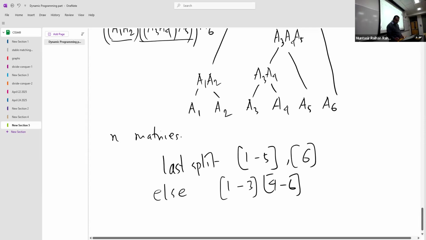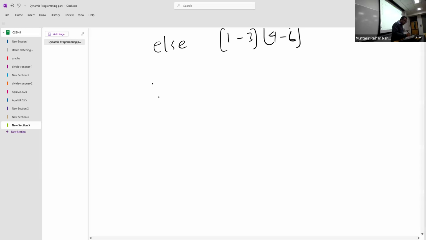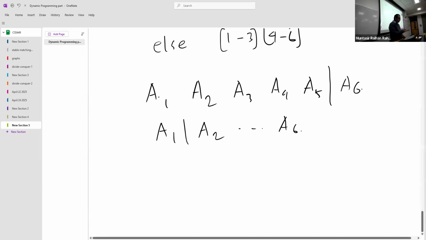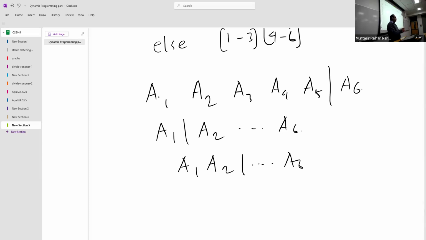So if I have A1, A2, A3, A4, A5 and A6, I can split here, as the last split, or I can split near the beginning, or near the end. So I can split anywhere, that will be the last one. And wherever I split, now I have two subproblems. So that's the recursive idea here, right?